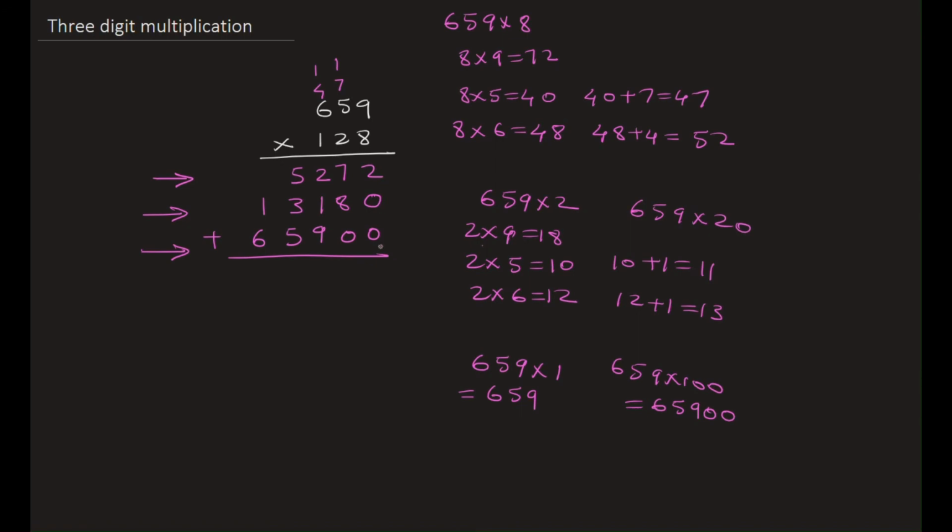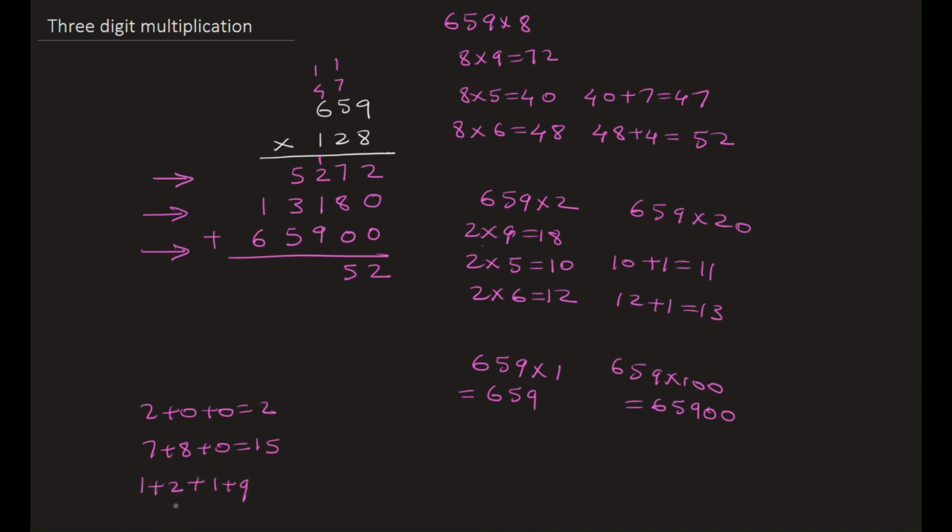So the ones I add all together, 2 plus 0 plus 0 equals 2. In the final product, 2 comes in the ones place. Then in the tens, I have 7 plus 8 plus 0 equals 15. But only one digit can come in the tens place, so 5. And this 1 is carried over. Then in the hundreds, I have 1 plus 2 plus 1 plus 9.